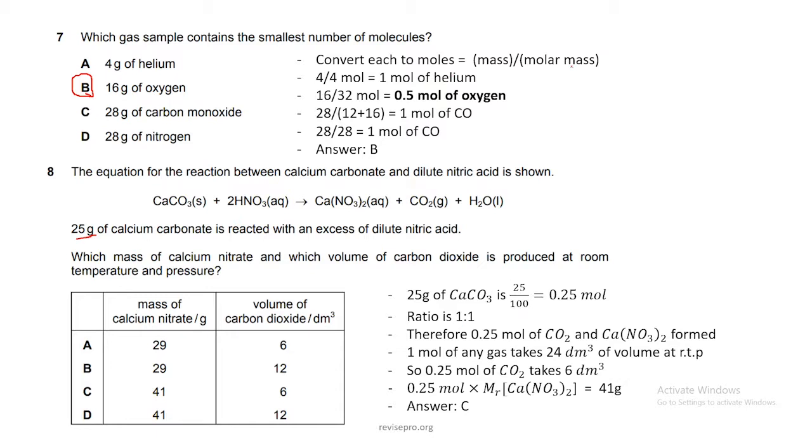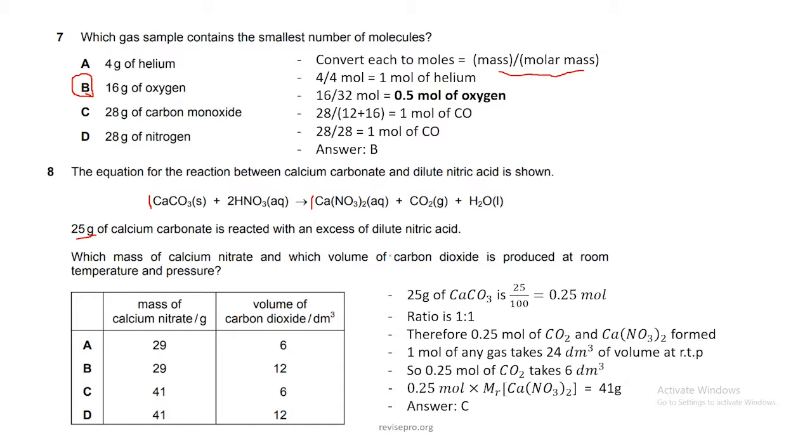We can use that with the formula over here. So 25 grams of calcium carbonate is going to be equal to 25 divided by 100, which is the molar mass of calcium carbonate, which will give you 0.25 moles. Now you see that the ratio is, for every 1 mole of calcium carbonate, 1 mole of calcium nitrate is formed.